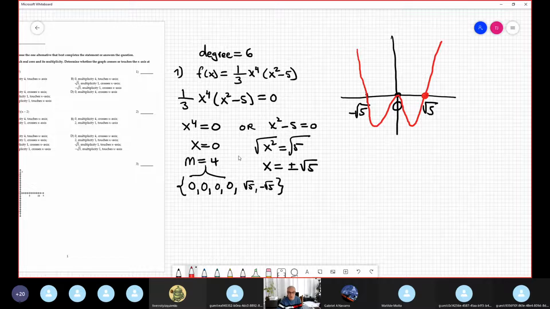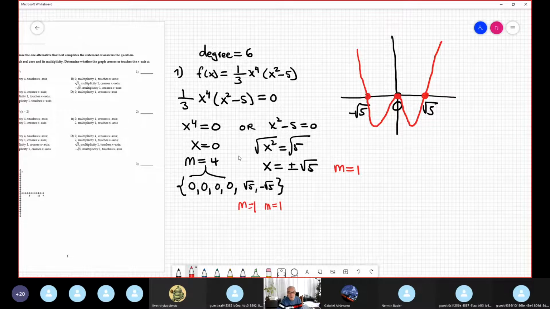How do you know that it crosses? Because multiplicity is 1. This one touches, because multiplicity is 4. When the multiplicity is an even number, it touches. And multiplicity again is 1, so it crosses.